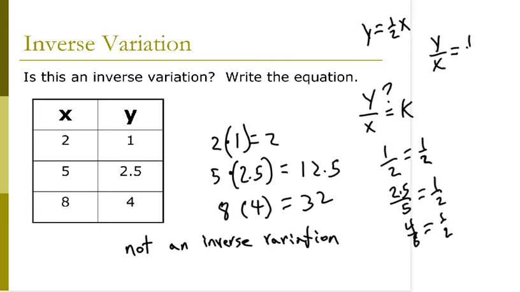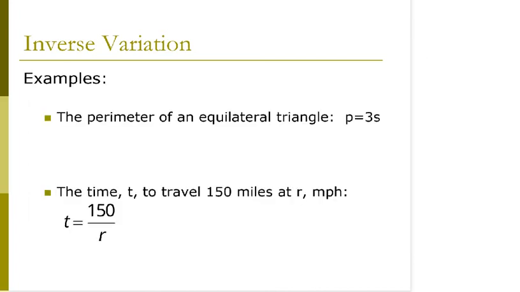So here are some examples to summarize what we've just discussed. Are they inverse variations? Are they direct variations? Let's figure it out. Let's look at the first one here. If P is our y and S is our x, let's just change the variables.